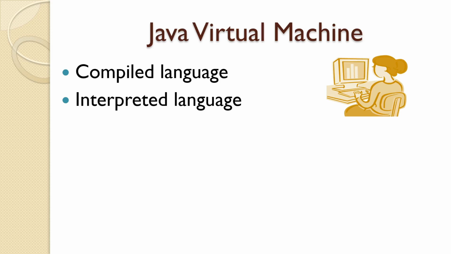In any programming language, the code is first compiled into platform-specific machine code, called a compiled language, which are the bytecodes. These bytecodes are understood by the machine.